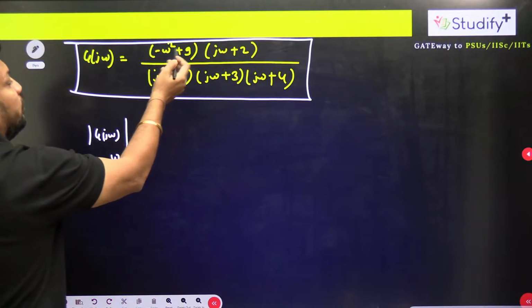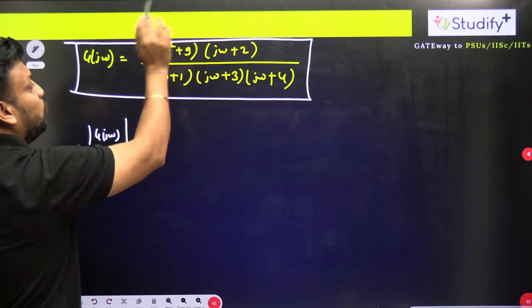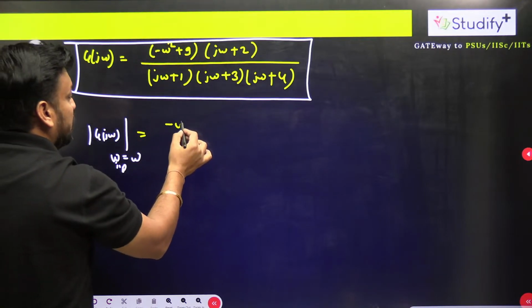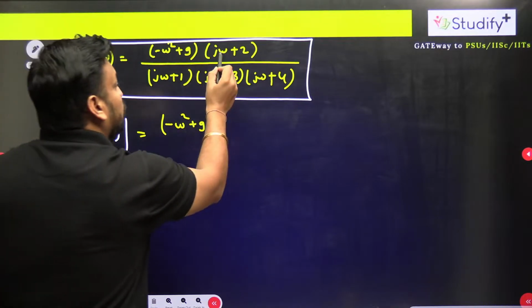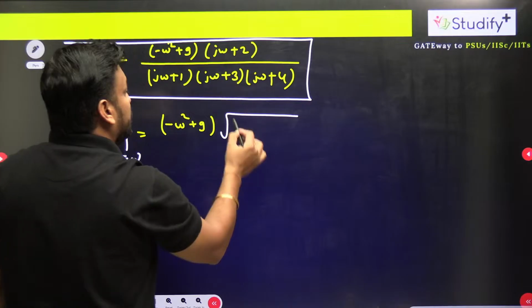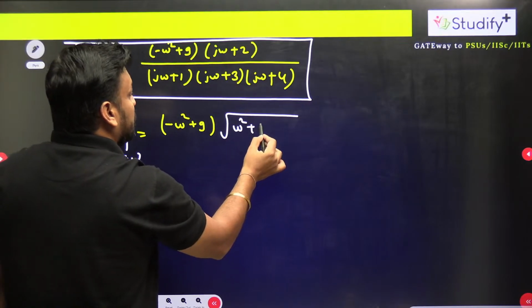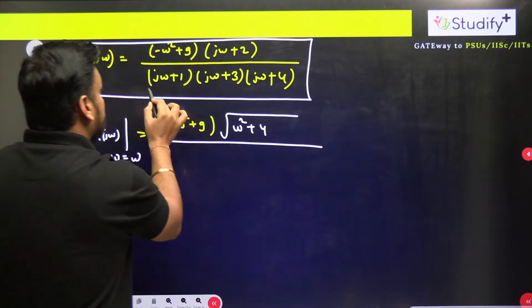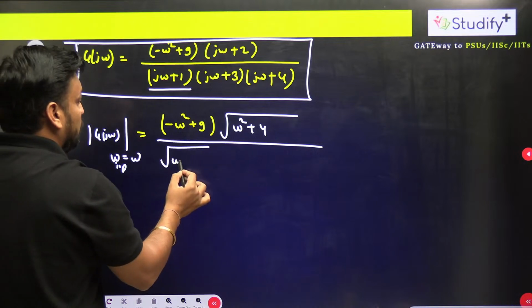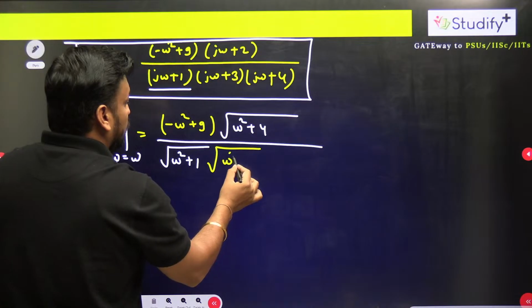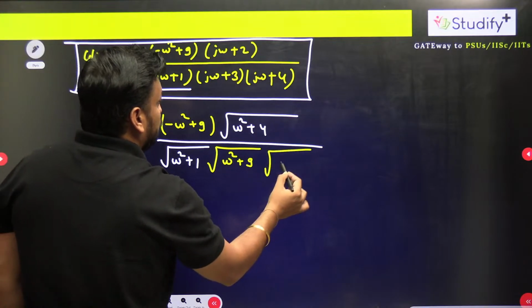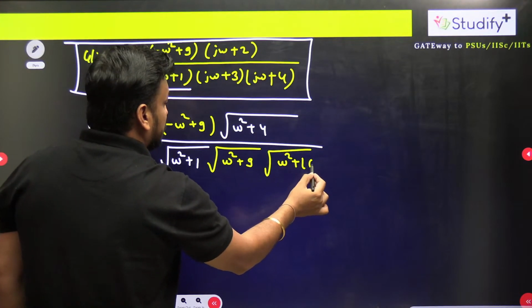Under root of real part square, so the root goes away and we get minus omega square plus 9 as it is. What is the magnitude of real plus imaginary? Under root of imaginary square plus real part square. What is the magnitude of this term? It should be under root of omega square plus 1, again under root of omega square plus 9, and again omega square plus 16.